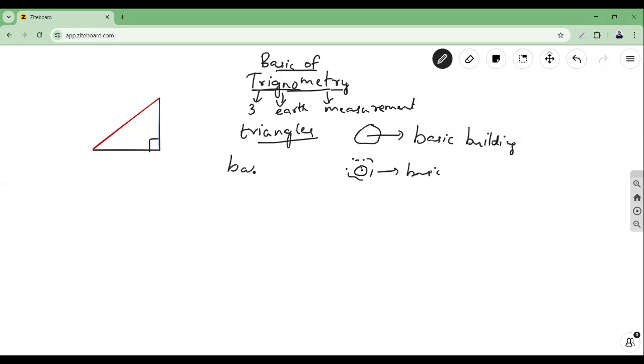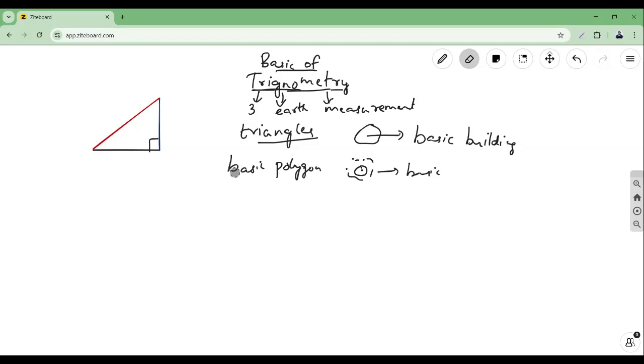And because it's a basic polygon, it becomes a part of so many other polygons. For example, a hexagon can be broken down into six triangles, isn't it? A quadrilateral can be broken down into two triangles. So all the other complex shapes can always be broken down into the basic shape called the triangle.